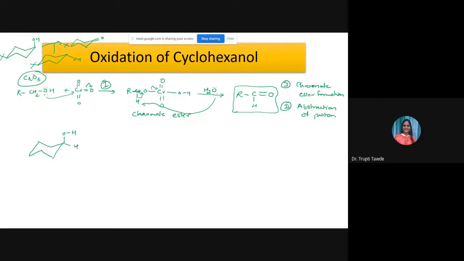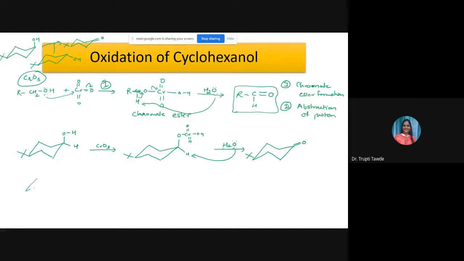Here there is a proton. Now this will be attacked by the chromic acid and then I will end up with a chromate ester here. This is OCr and this is H. And then here in step 2, water will be abstracting this proton, and as this proton is abstracted I will end up with the cyclohexanone.